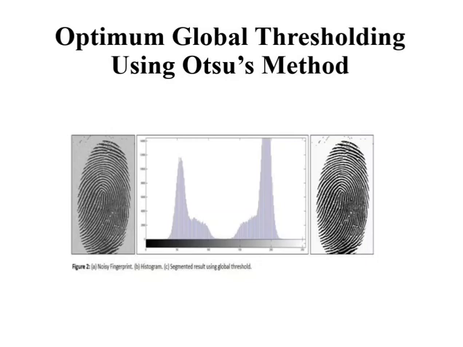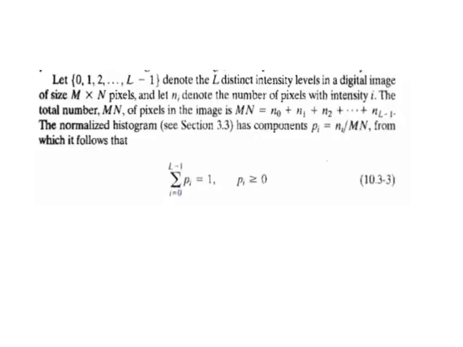In addition to its optimality, Otsu's method has the important property that it is based entirely on computations performed on the histogram of an image, an easily obtainable 1-D array. Let 0, 1, 2, ..., L minus 1 denote the L distinct intensity levels in a digital image of size M by N pixels.